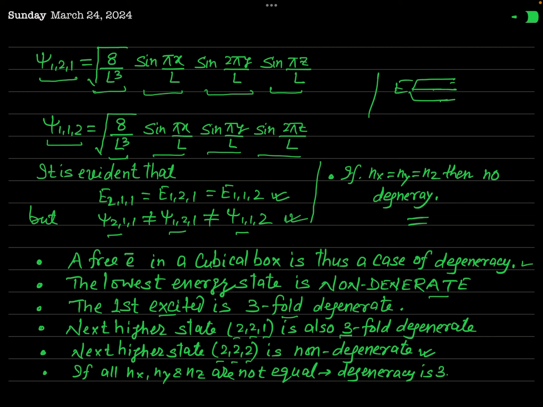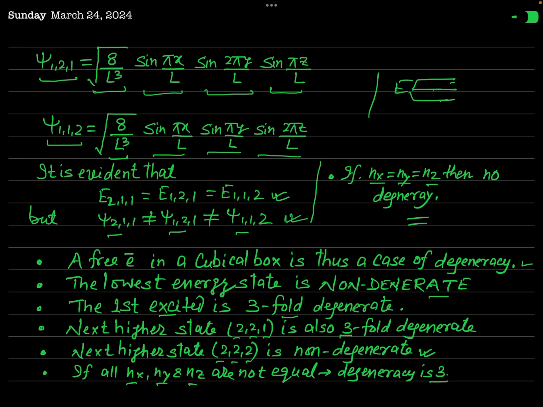So what's the conclusion? We can conclude that when nx, ny and nz are not all equal, then that energy state will be degenerate, and the degeneracy is fixed, equal to 3. But if all three quantum numbers nx, ny, nz are equal, that is, all are 1, all are 2, all are 3, all are 4, all those energy states will be non-degenerate.